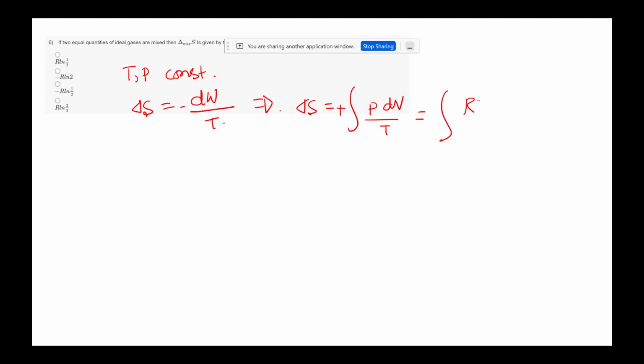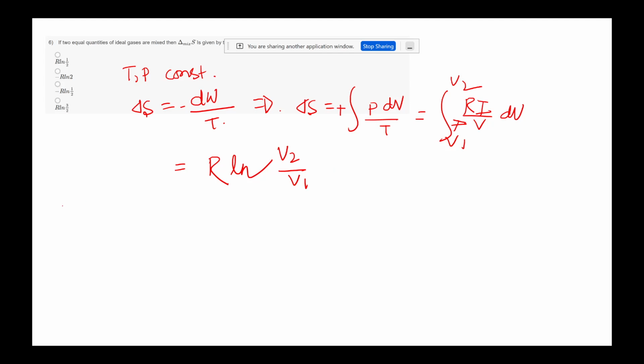This is RT by V dV from V1 to V2. So we can write R ln V2 by V1. The T cancels out.